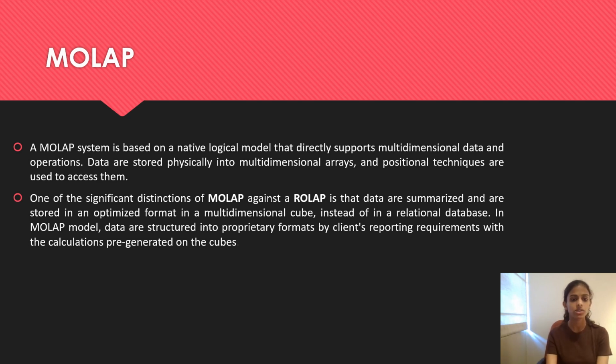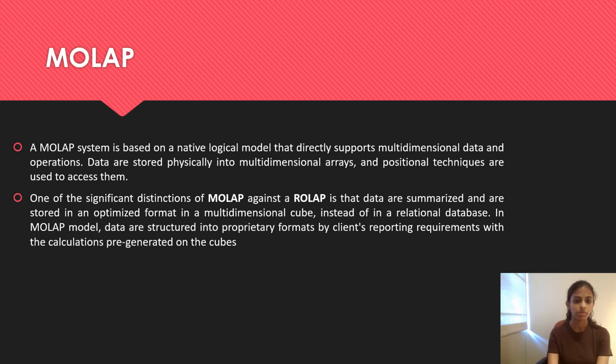Talking about multidimensional OLAP server. A multidimensional OLAP server system is based on a navigational logical model that directly supports multidimensional data and operations. Data are stored physically into multidimensional arrays and positional techniques are used to access them. One of the significant distinctions of multidimensional against a relational OLAP server is that data are summarized and are stored in an optimized format in a multidimensional cube instead of a relational database.